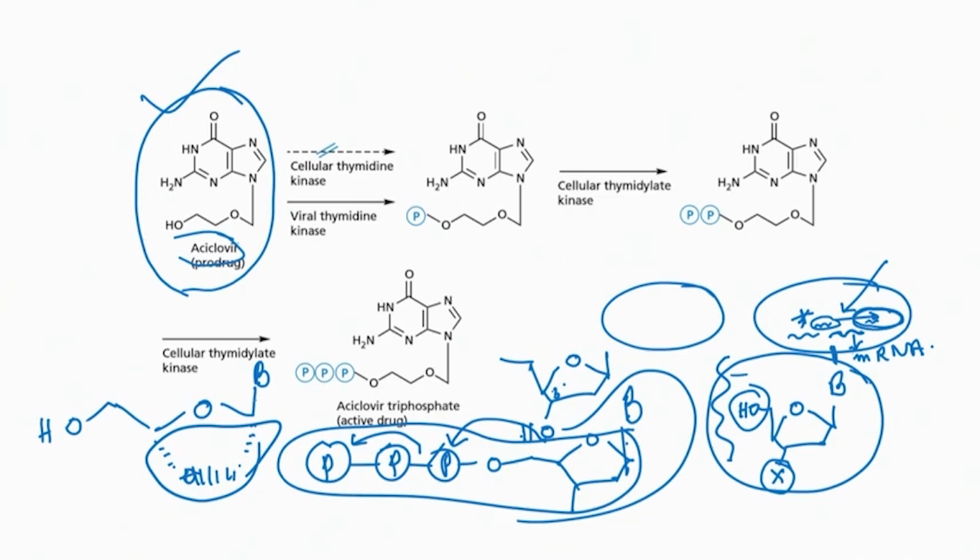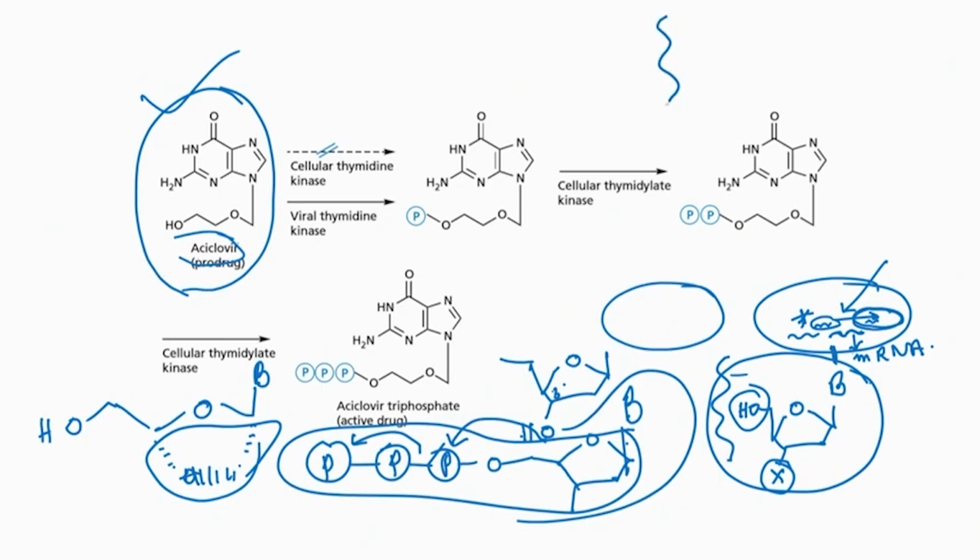Now, what happens? Interestingly, this is also taken up as a kind of nucleoside triphosphate for lengthening the chain. Okay. But what happens if this is taken up by the polymerase as a base?